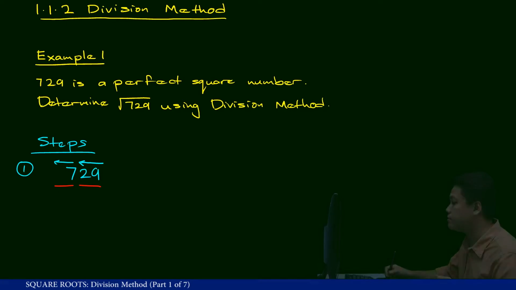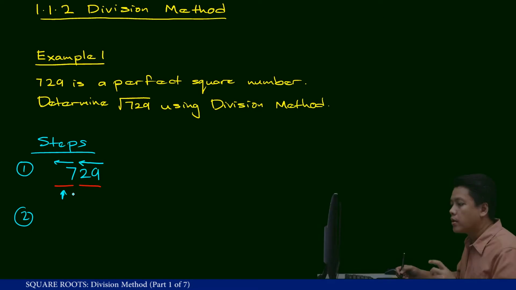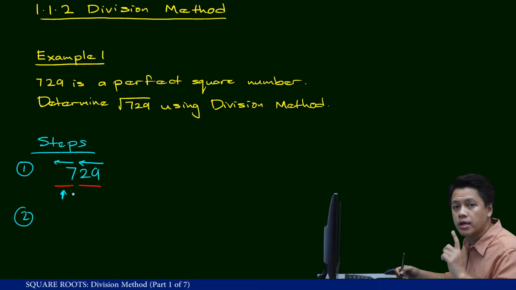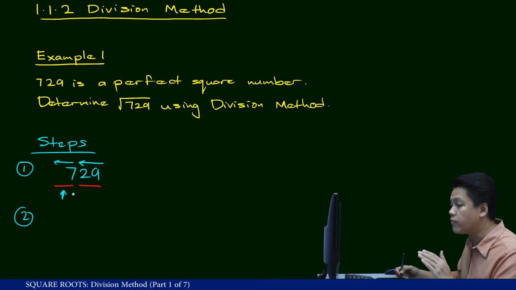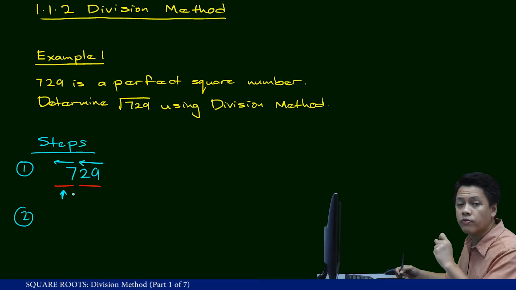And the second step is to start from the leftmost digit, which is this one, and find the largest number whose square is less than or equal to 7. For example, that seems to be 2. 2 squared is 4.